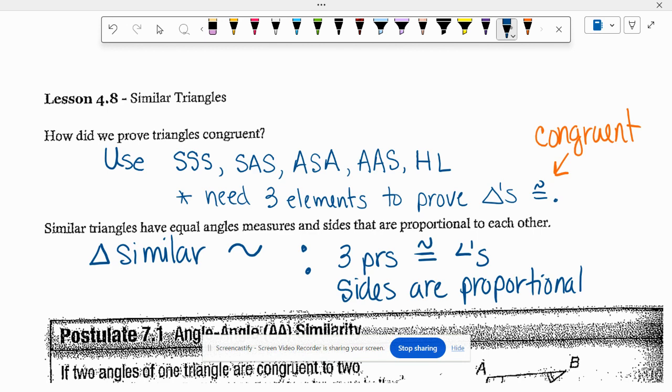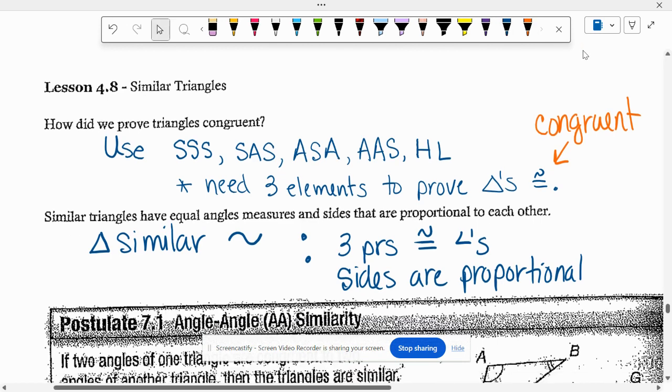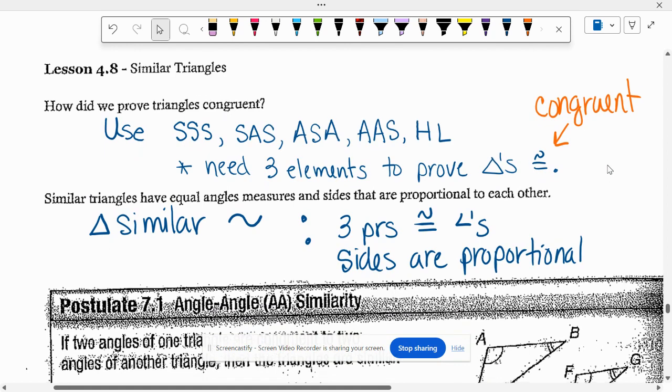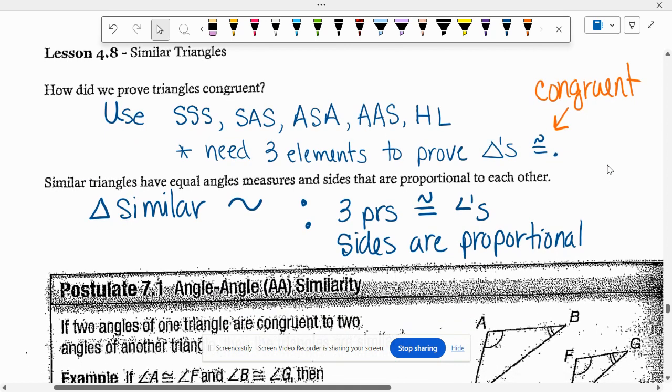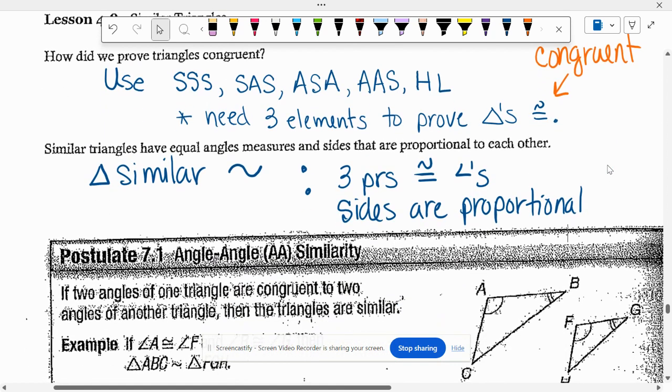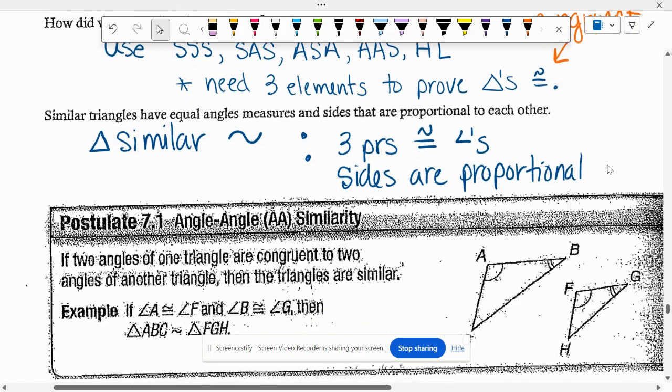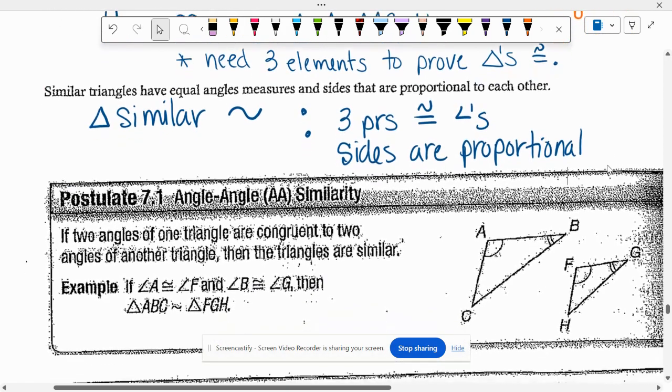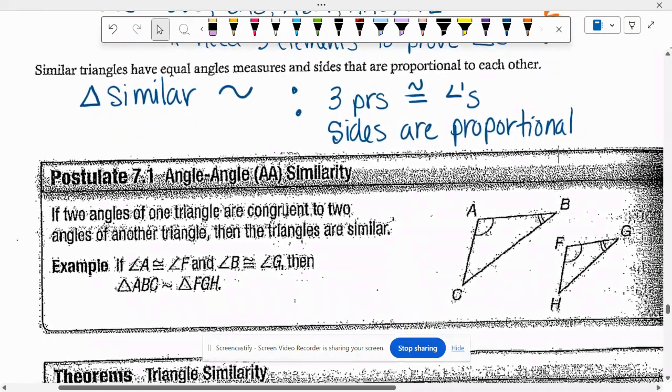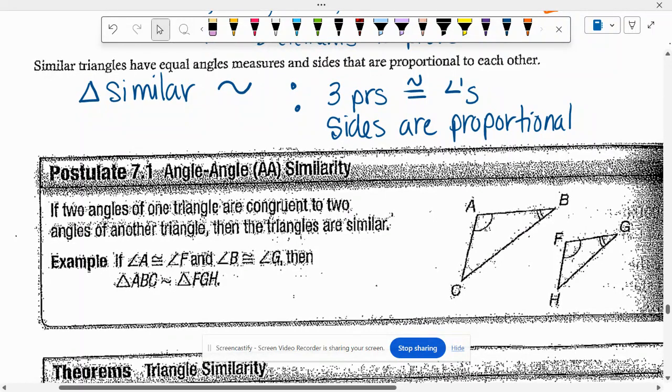So we have 3 postulates, or 1 postulate and 2 theorems actually, that we use for triangle similarity. The first one is angle similarity. If you remember when we first started talking about using the angle theorems, we had a couple in our homework that had all 3 angles congruent to all 3 angles. And we wrote specifically, that doesn't prove congruence, that only proves similarity.